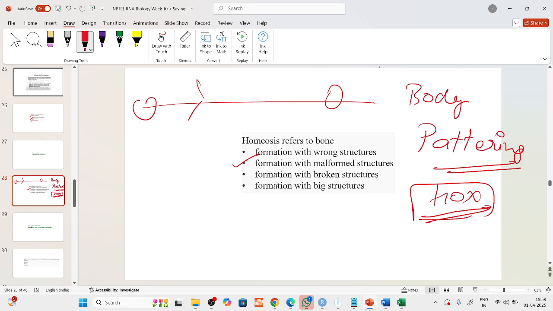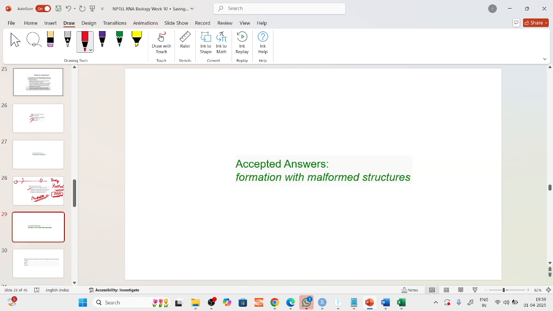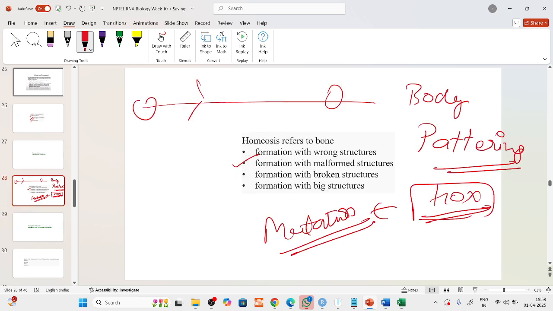And if there is any mutation in the Hox genes, then what happens? There is formation of malformed structures, and therefore homeosis happens. So homeosis is a phenomenon which describes the formation of malformed structures.